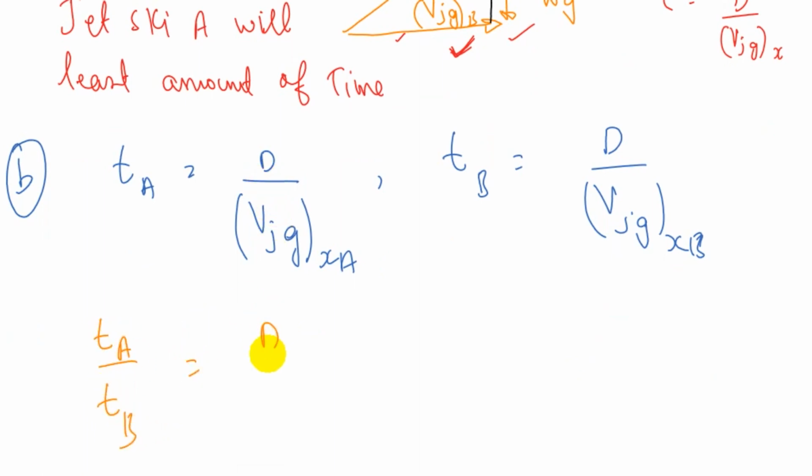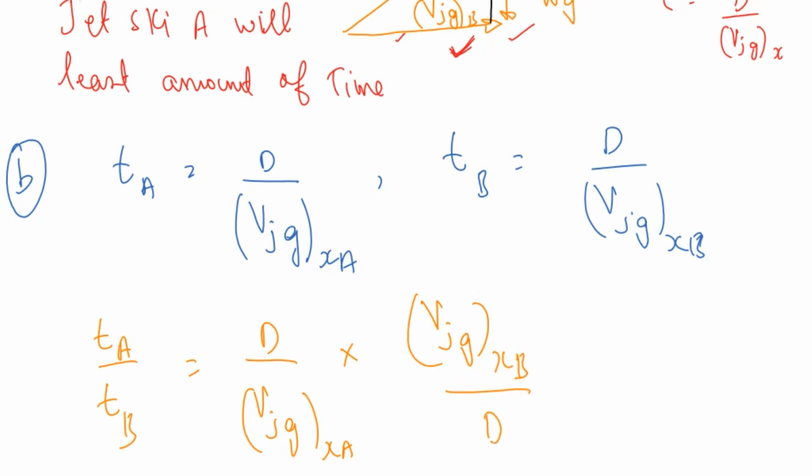So this is D over VJG, XA, and this would come in the numerator, divided by D. So this thing and this thing will cancel.